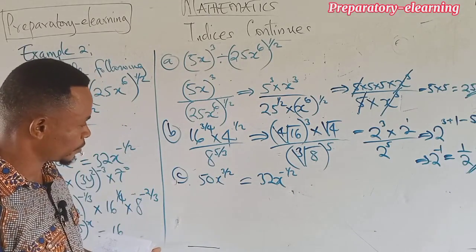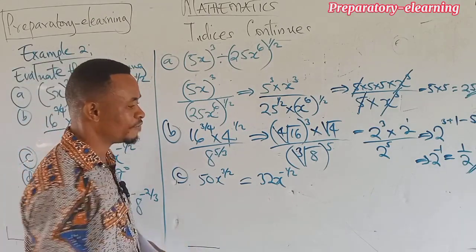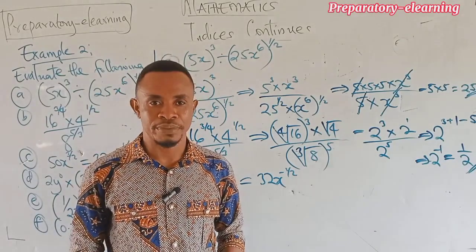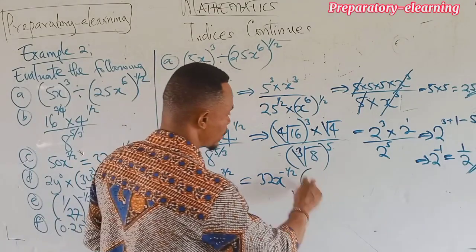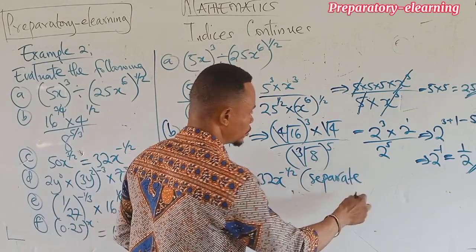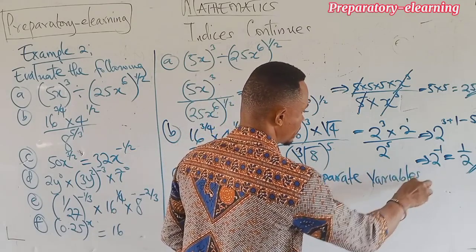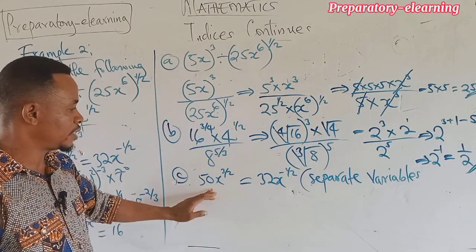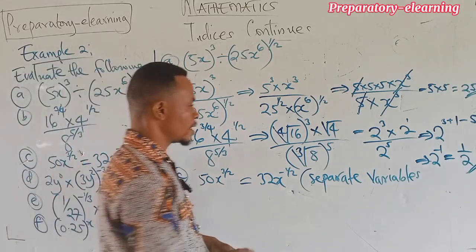It's very simple. First thing to do, separate variables. Separate variables. What are the variables there? We have this and this, x and x. We separate it. Now, how do we separate it?